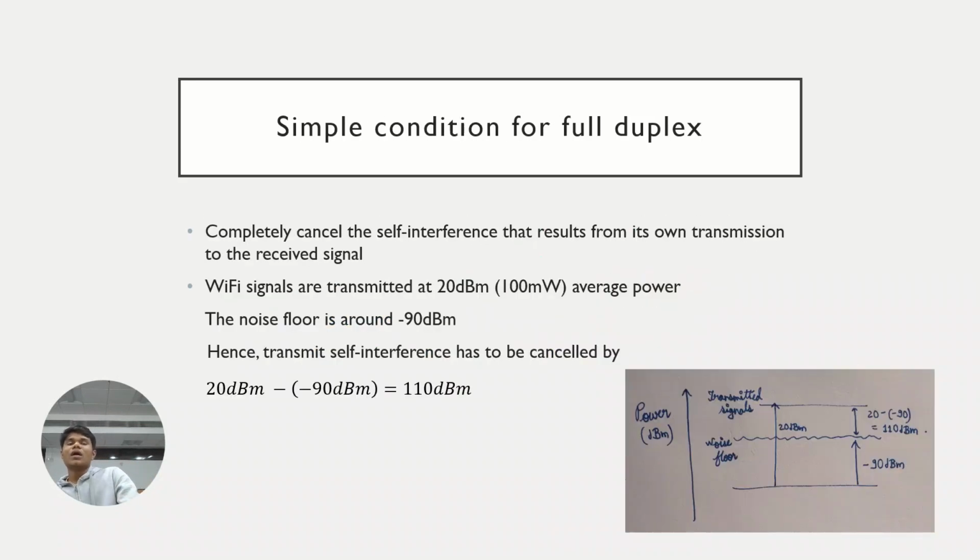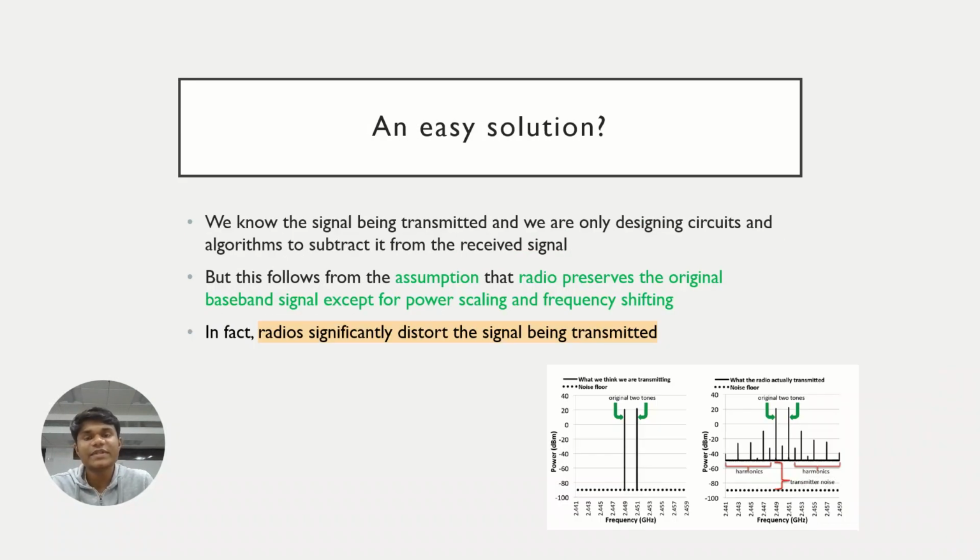Moving on, for the attentive or maybe the curious ones, they may be thinking that there's an easy solution to that. When we are transmitting a signal via antenna, what happens is you have the information in the digital form, you convert it into the analog form, and thereafter you transmit it using the antenna.